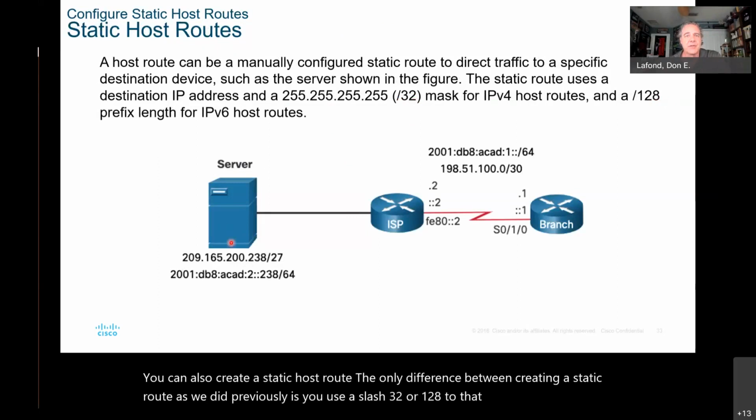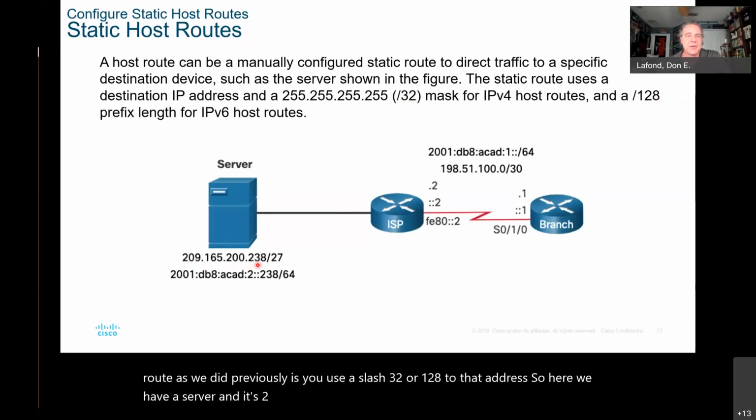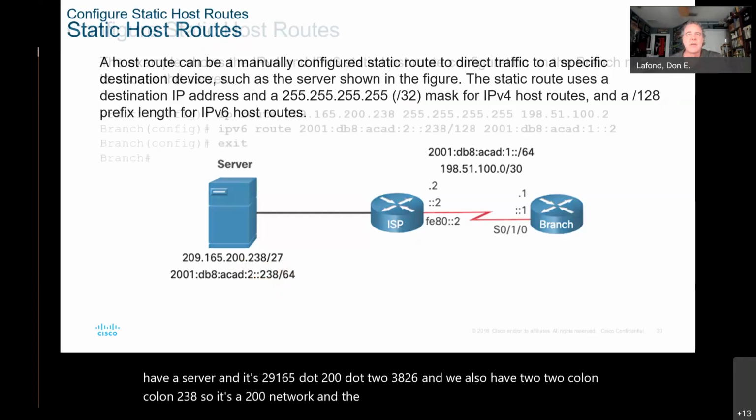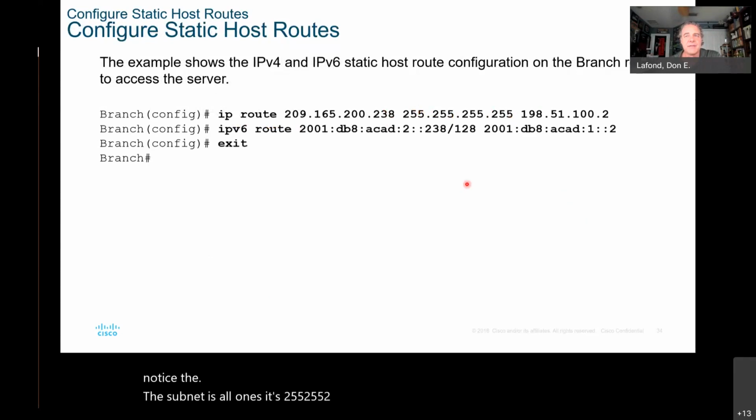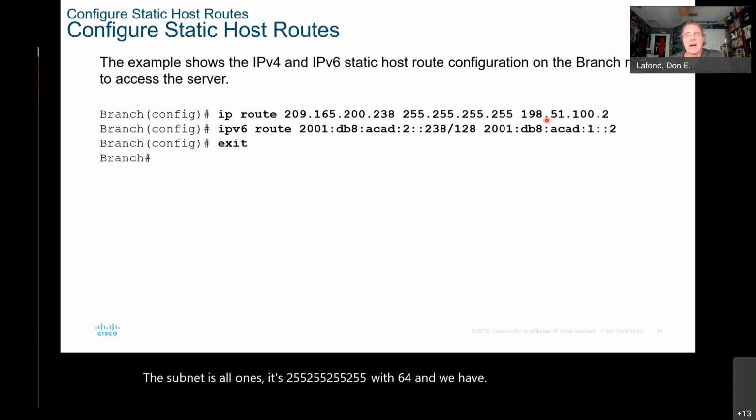Here we have a server at 209.165.200.238/24, and we also have 2001:db8:acad:2::238. Notice that when we create our host route, it's ip route, here's that 238, and the subnet mask is all ones, 255.255.255.255, and then we have the next hop address.